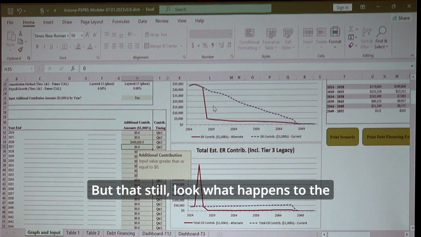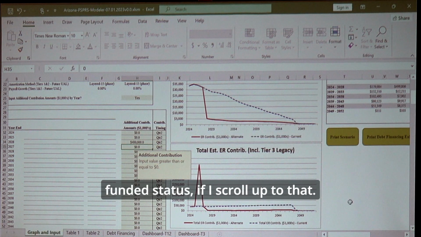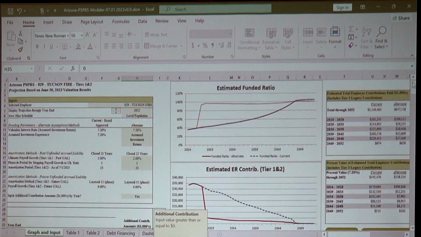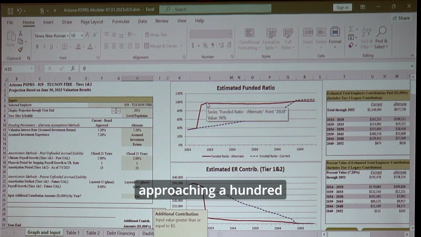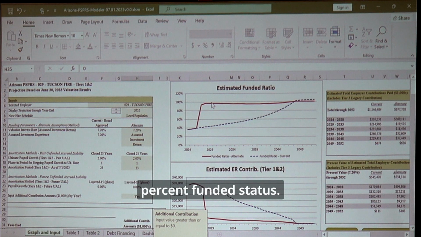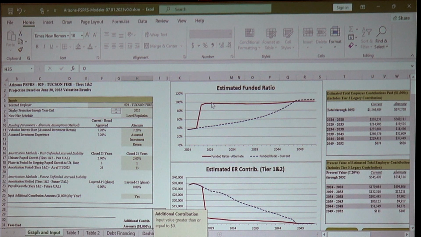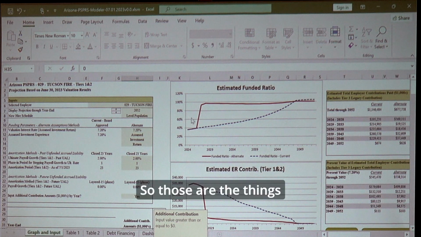But look what happens to the funded status. If I scroll up to that. Funded status almost wiped out most of the unfunded liability because you're now approaching 100% funded status. Right? So those are the things that you can model there.